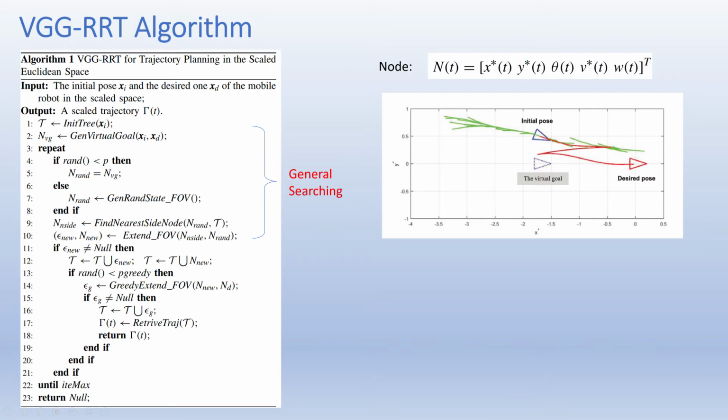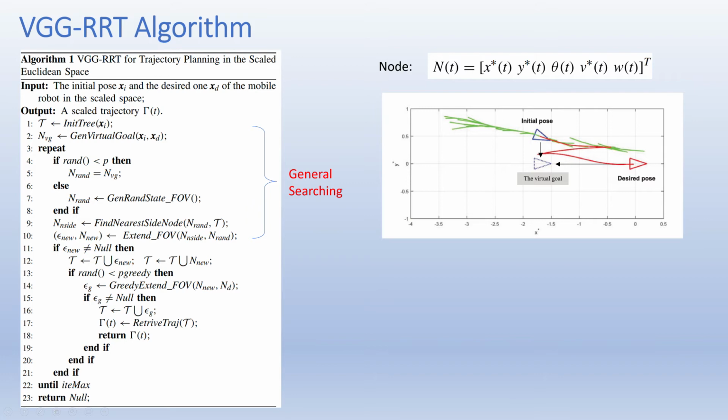This is the virtual goal that has been generated during this process, and it has been generated in the way that it has the same longitude as the initial pose, and the same latitude as the desired pose.